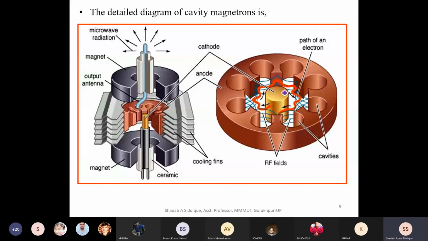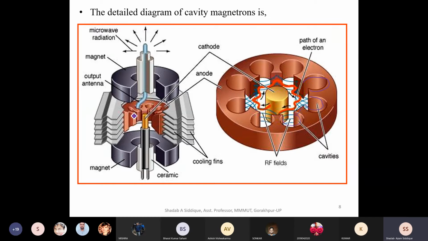This is the anode I'm talking about. In that anode we can see the reentrant cavities present here. These are the cavities present in the anode.